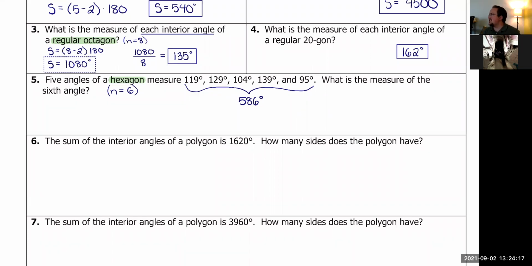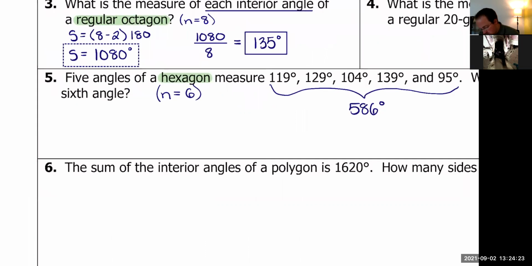Well, that's only half the information I need. In order to figure out what's missing, I need to know how many degrees there's supposed to be. Careful, we're on interior angles. So to find the total, we take S equals 6 minus 2 times 180, which means the grand total, I believe, is 720.